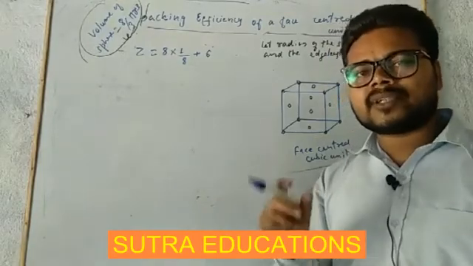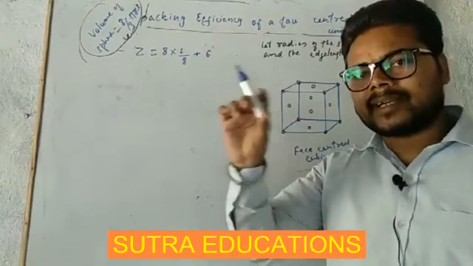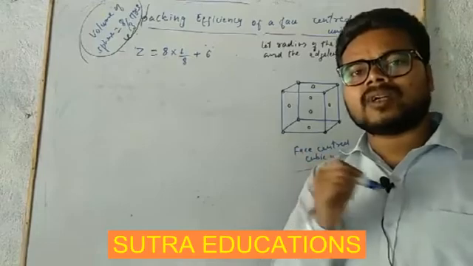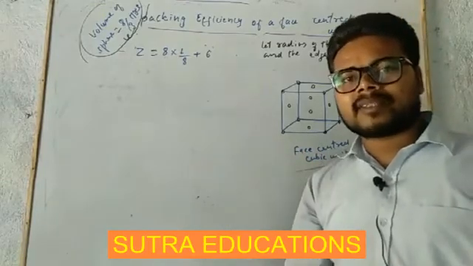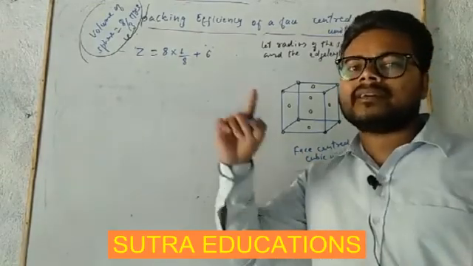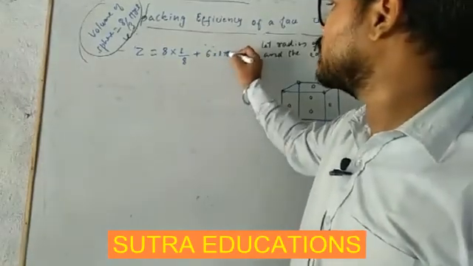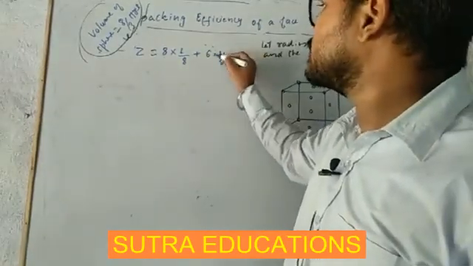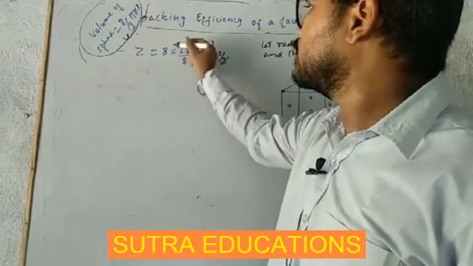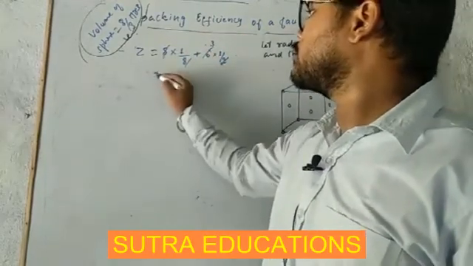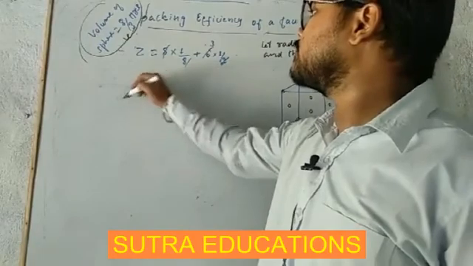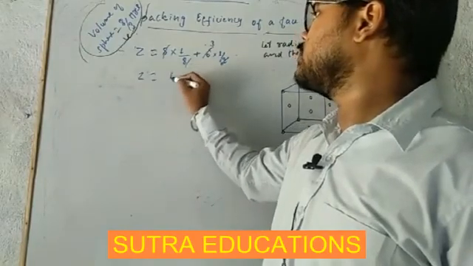So the contribution of 1 atom present at the face is equal to 1 by 2. So 6 atoms are present, each with a contribution equal to 1 by 2. So 6 into 1 by 2, it is 3. So 3 plus 1, Z is equal to 4.